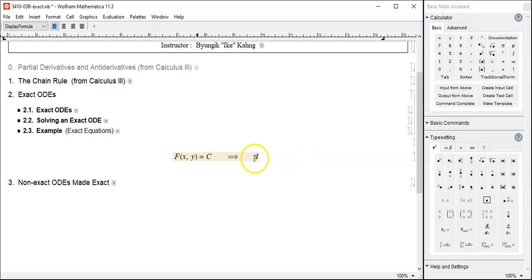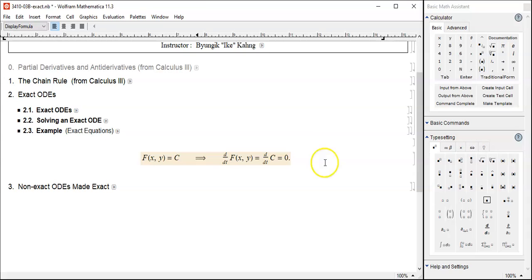And the derivative of the constant c is of course 0, and this is what I have to get.